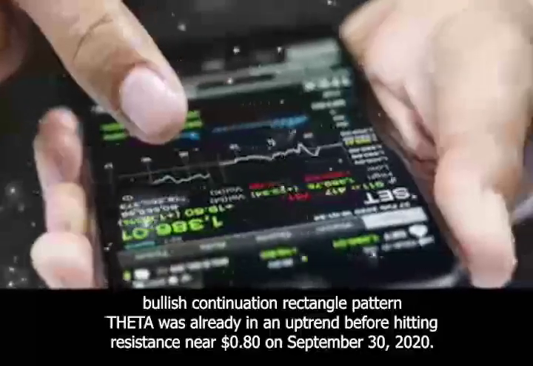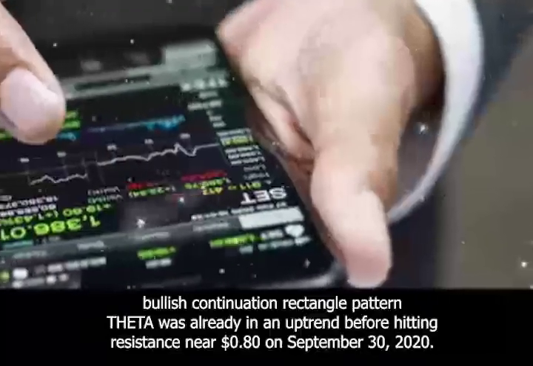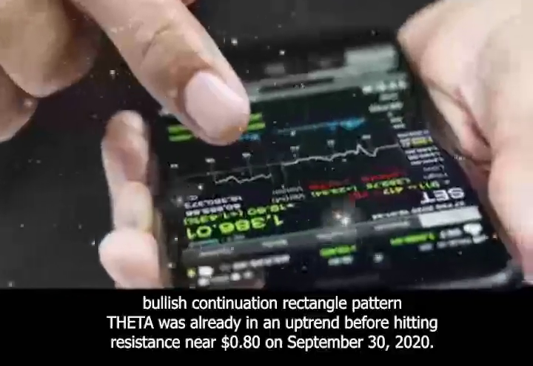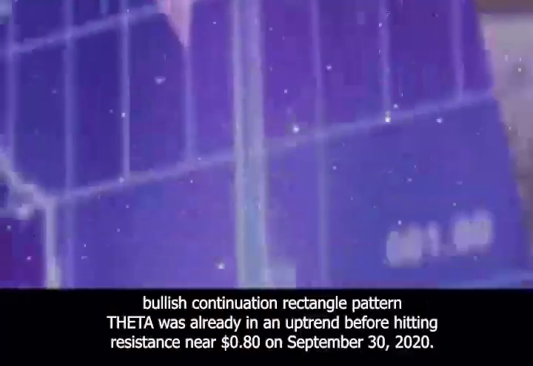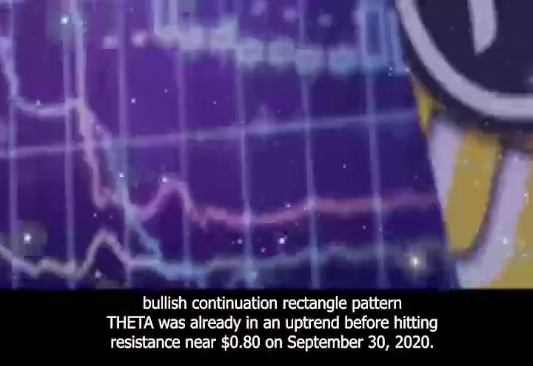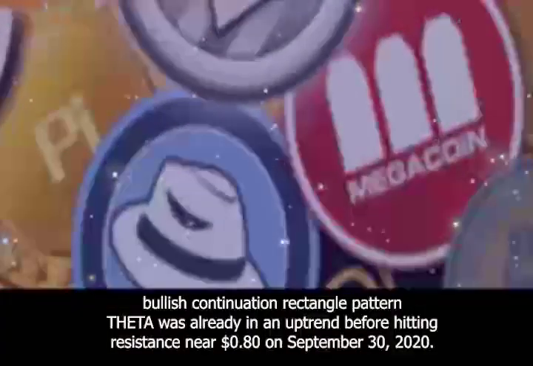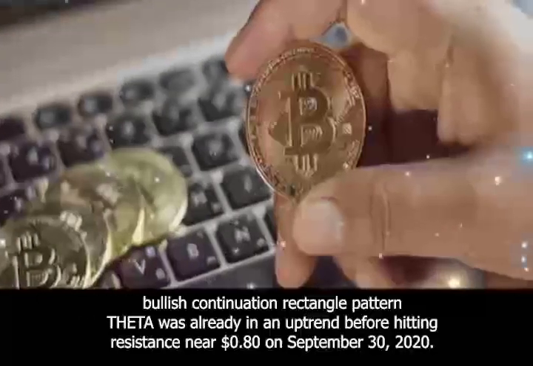Bullish continuation rectangle pattern. Theta was already in an uptrend before hitting resistance near $0.80 on September 30, 2020.